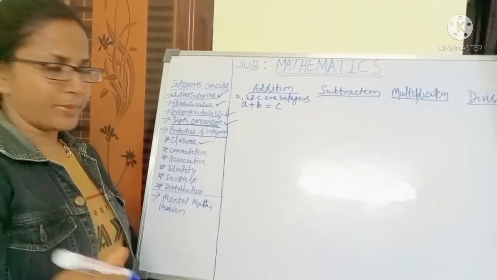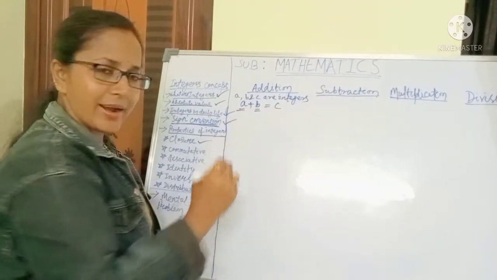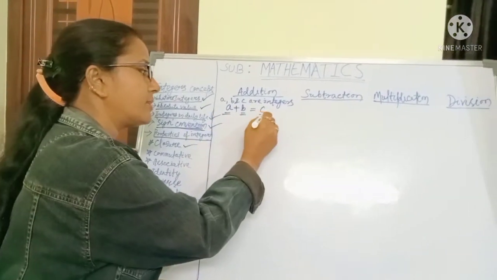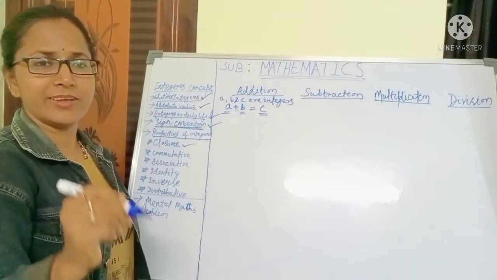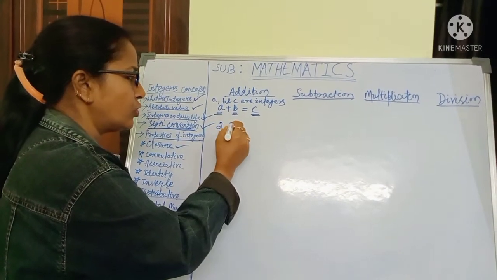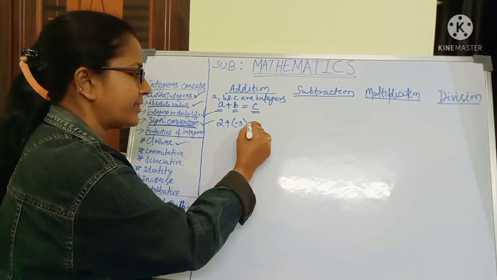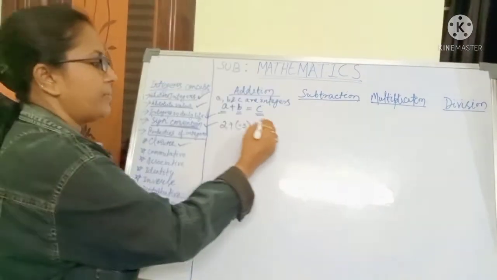That means if we take a as an integer and b as an integer, then c will also be an integer. For example, I'll take a equal to 2, b equal to minus 3. What will we get in the result? It will be minus 1.